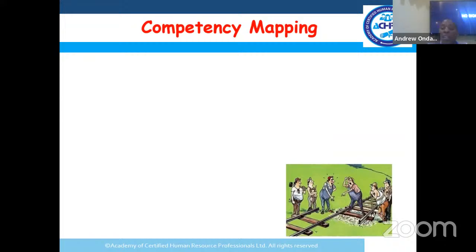If you look at their body language, apparently they are pointing fingers at each other. That each one of them is responsible for the mess they are in. This suggests several things. That the two supervisors could be incompetent in their work.